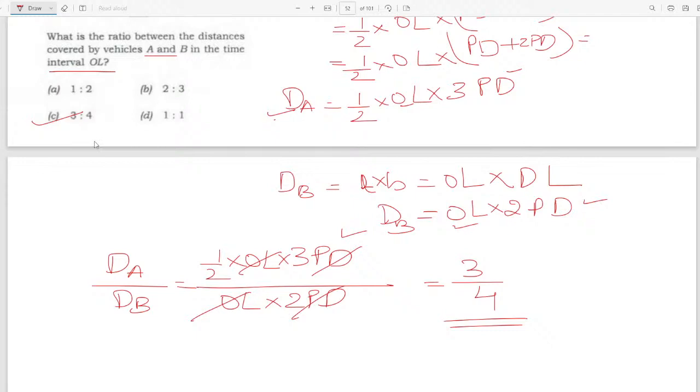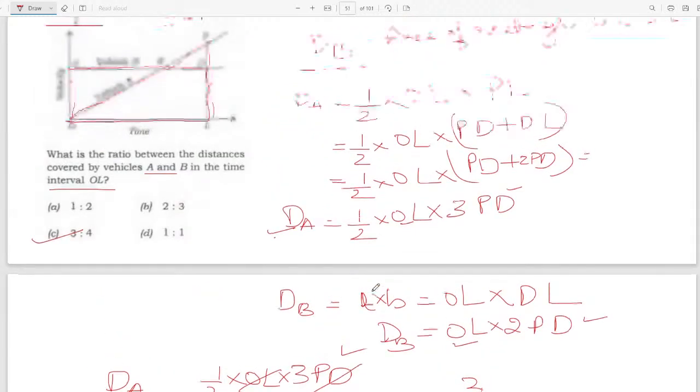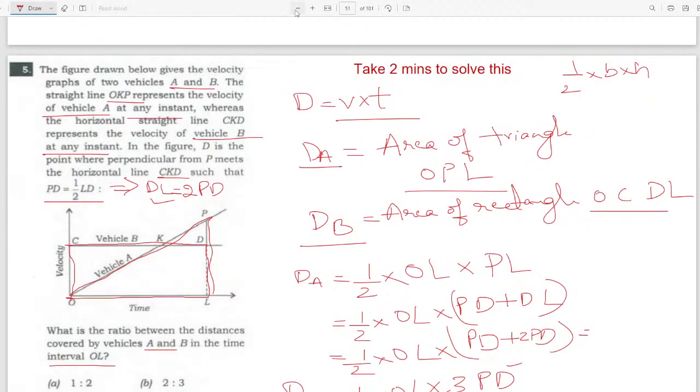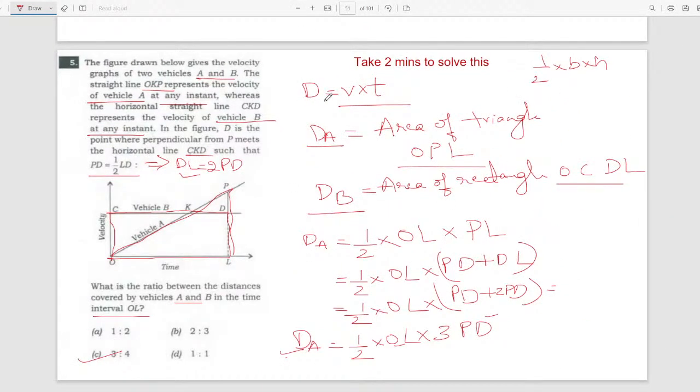If there is any doubt, please ask. If there is even slight doubt on any part, please ask.